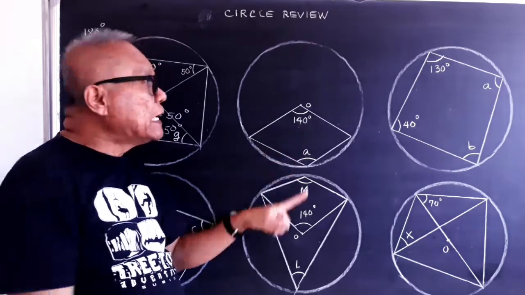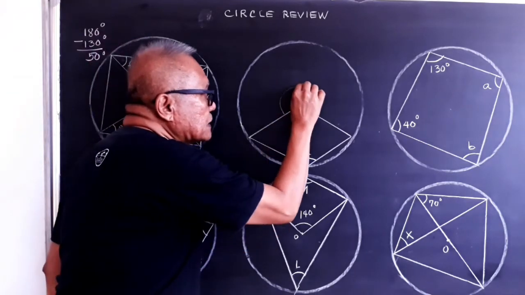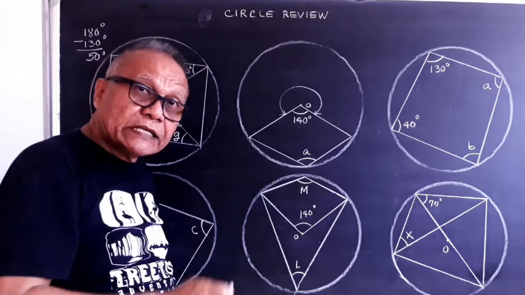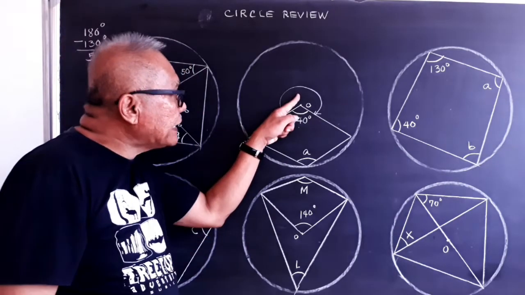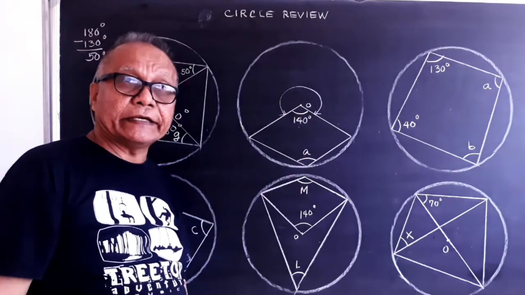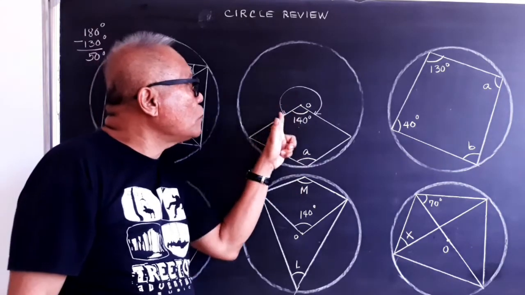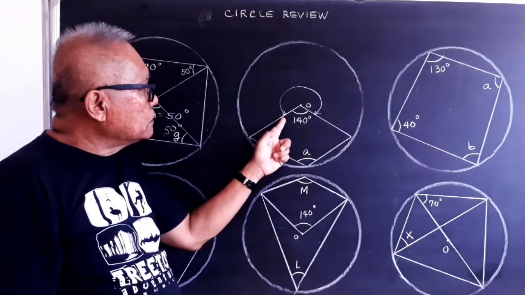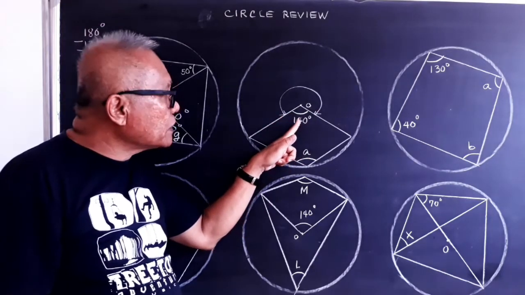But where is it? This is the partner. That is the central angle of this A. And this A is 1/2 only of that central angle. So we have the 140 degrees here.